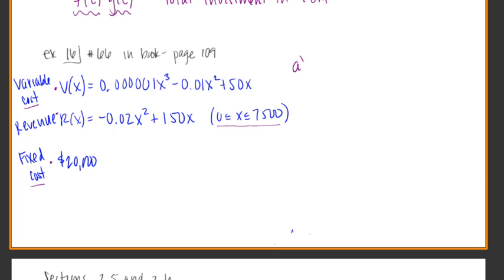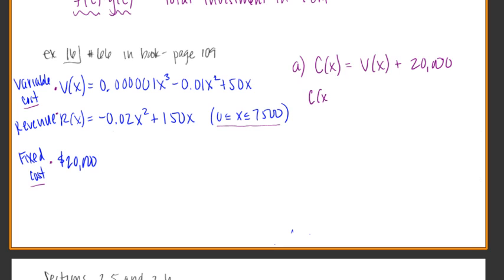So here in part A, specifically, it wants you to write a function that represents the total cost. So I'm going to go C of X. I'm going to say C for cost. And cost has to be the sum of the two parts. It's got to be both the variable cost plus the fixed cost, which is $20,000.